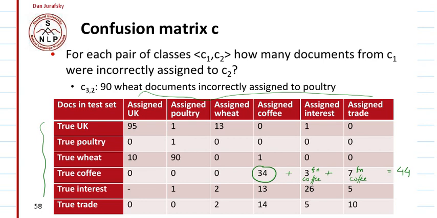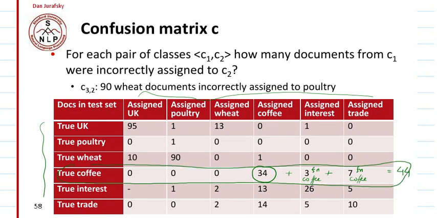So if we are interested in coffee, we will be looking at this row and this column, right? The system has assigned coffee as positive to some other true documents, so it has assigned 13 as coffee. It means that this 13 is given as coffee by the system, but it is not actually coffee.